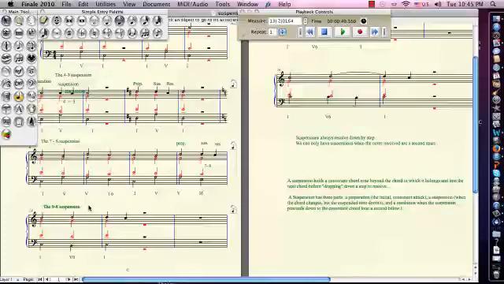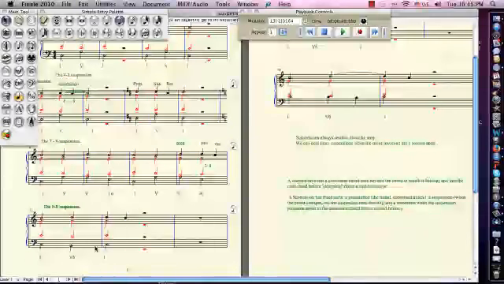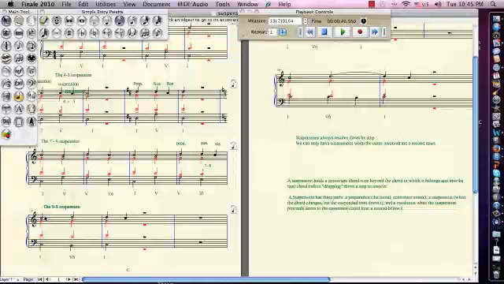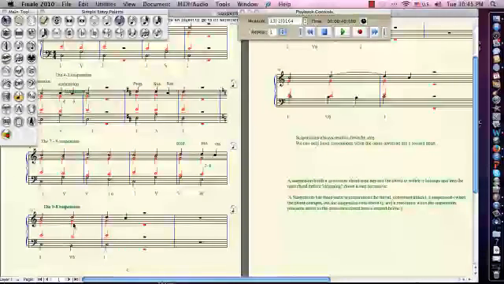And again, the elements of the suspension have not changed. The bass line, however, determines what kind of suspension we're dealing with here. All right, so the 9/8 suspension involves the 1 going to a 5/6 and then going back to the 1.